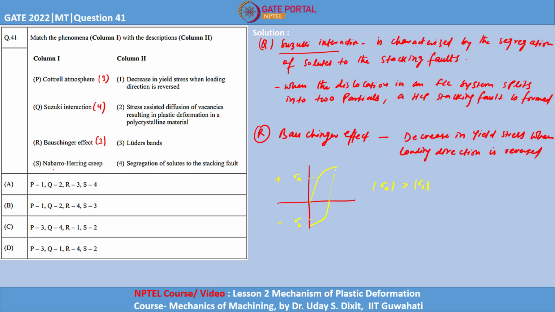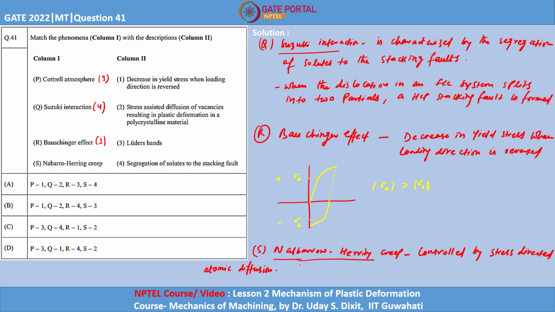And for the last option, which is Nabarro-Herring creep, basically it is controlled by stress directed atomic diffusion.